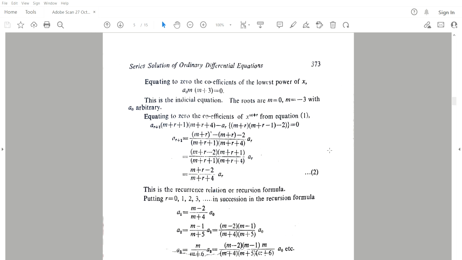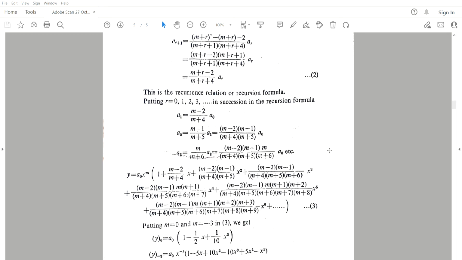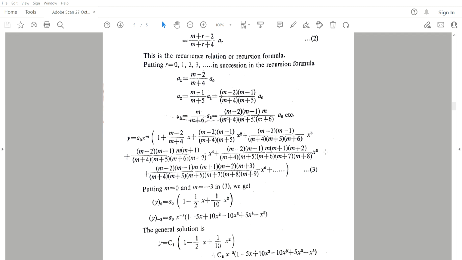If you have pen or pencil, you can just write it. I am repeating the steps. There are steps. Number 1 is write the trial solution. y is equal to summation a r x to the power m plus r. This is step number 1.